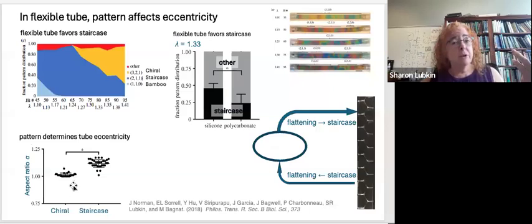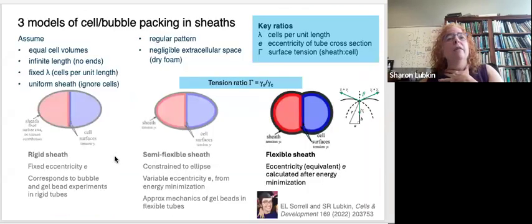Where does this come in the notochord? We then looked at different models of the mechanics of the sheath in the notochord to see what the relationship is between the aspect ratio and the packing pattern. And this was Emma Sorrell's dissertation work.